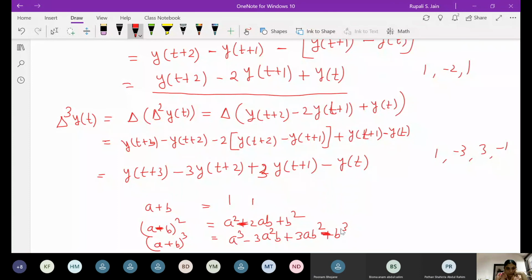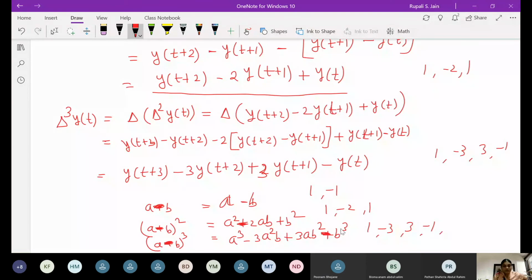If it should be minus then it is a minus b, a minus b square, a minus b cube. So I will get here 1, minus 1, then 1, minus 2, 1 coefficients, then 1, minus 3, 3, and minus 1. Is it? Yes, ma'am.